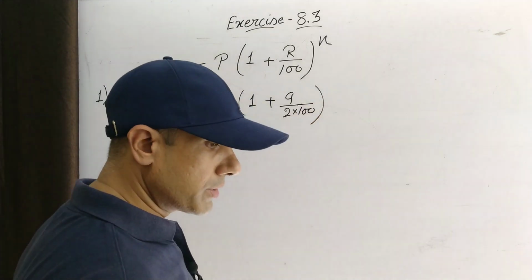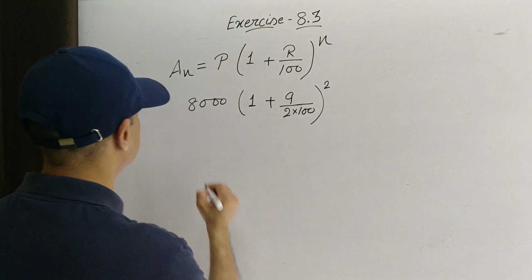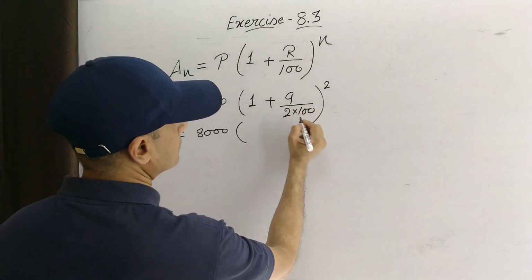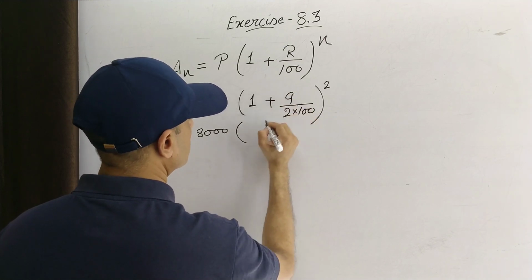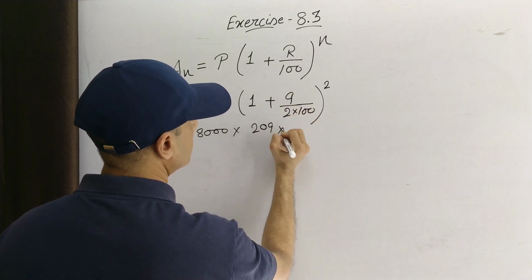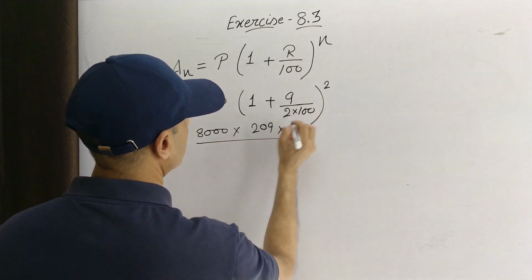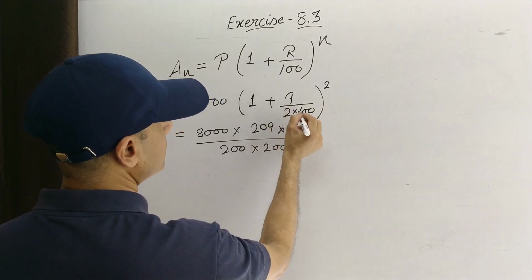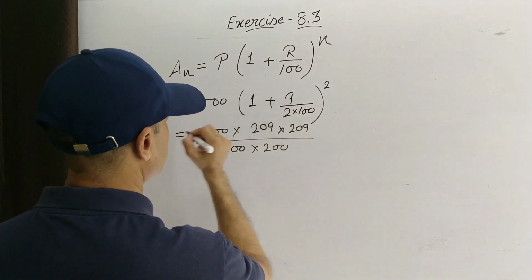So in 1 year there are 2 half years. To solve this, we'll get this as 8,000 into 209 into 209 divided by 200 into 200, 209 square, and this will be 200 square.